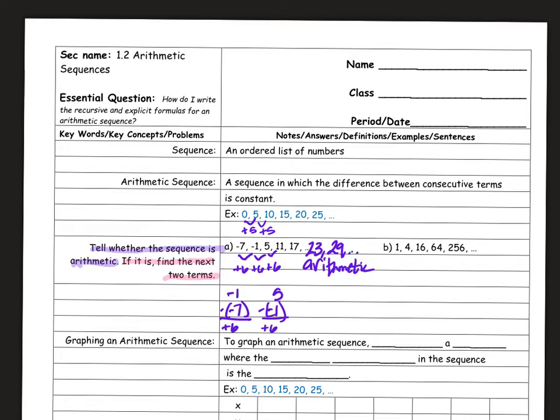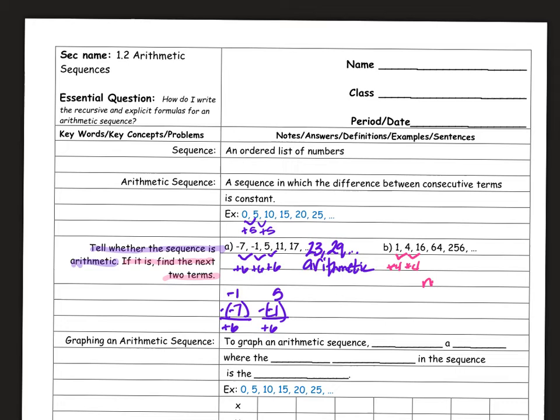Now we're going to move on to the second one. How do I get between 1 and 4? Well, I add 3. And do I add 3 to 4 to get 16? No. So I'm not adding the same number, and I'm not subtracting the same number either. What am I doing? I'm multiplying by 4.